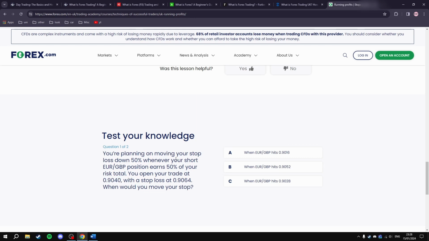When would you move your stop? What's halfway? 0.9064 minus 0.9040 is 24, half of that is 12, plus 12, 52. No.